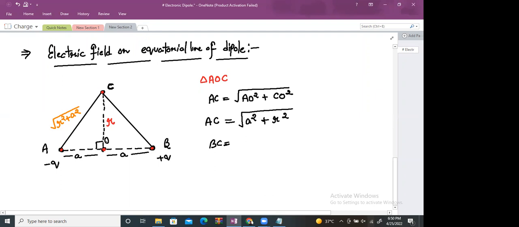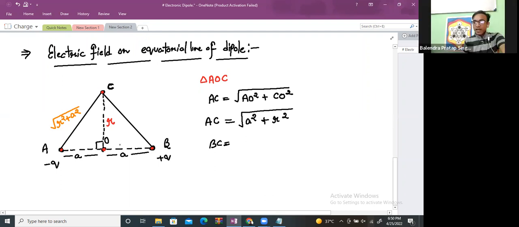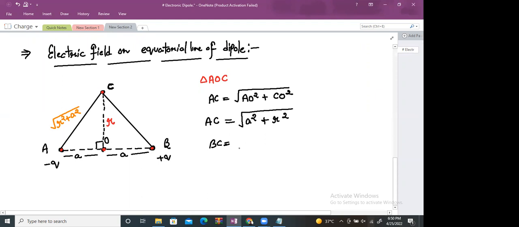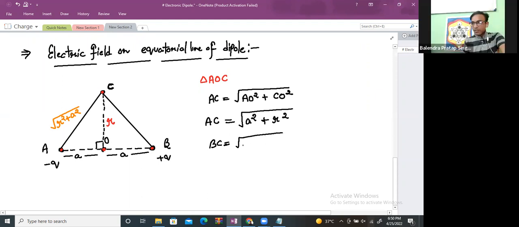This is perpendicular. This AOC and COB are similar triangles. So if this angle is theta, this value is also under root r square plus a square. So these two values are equal.